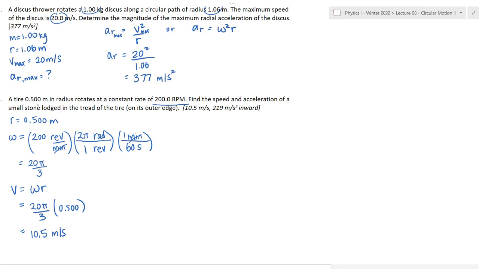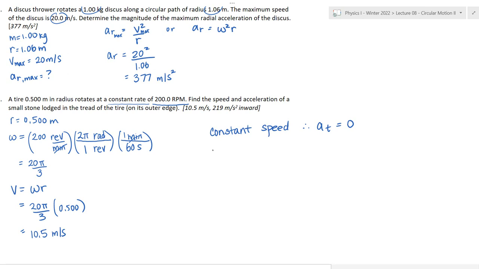Well, it tells you that the tire is rotating at a constant rate. So constant rate means the speed is constant, right? So constant speed. Therefore, tangential acceleration is 0. It's like you're walking along the street at a constant speed. You're not accelerating. That's referring to the tangential acceleration.